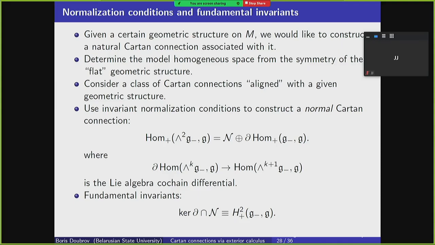And this is where, instead of Spencer cohomology, you need to consider this Lie algebra cohomology. And actually, these ideas come back to the original works of the Japanese mathematician Tanaka, who introduced the notion of filtered manifolds. So you have an additional filtration of the tangent bundle, and then replaced essentially Spencer cohomology by Lie algebra cohomology. It's even called generalized Spencer cohomology.